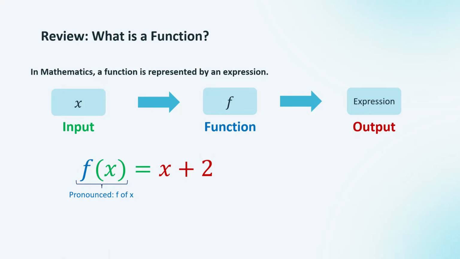The letter f denotes the function. It doesn't really mean anything much, it just denotes that it is a function. The x is going to be the input, and the expression on the right side is going to be the output. You will see later that the output is going to be a value as well. So the input, x, is a value, and then x + 2 is also a value.